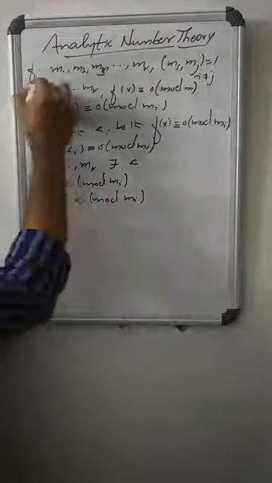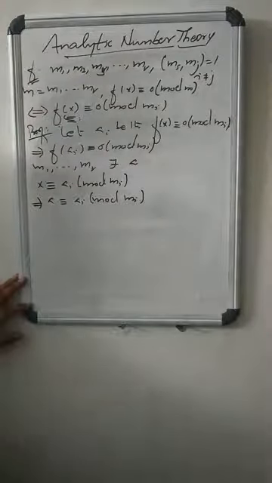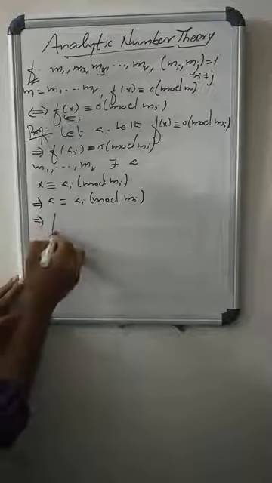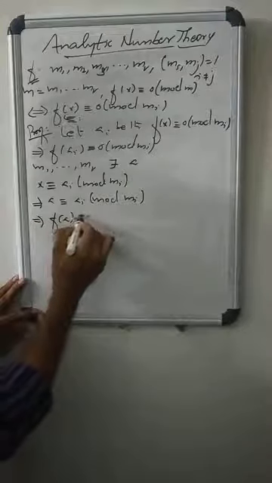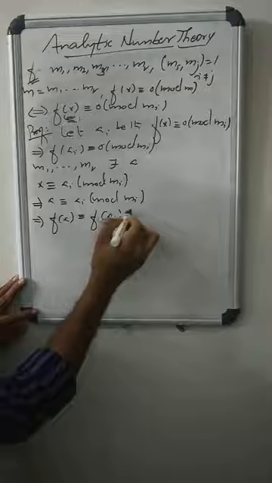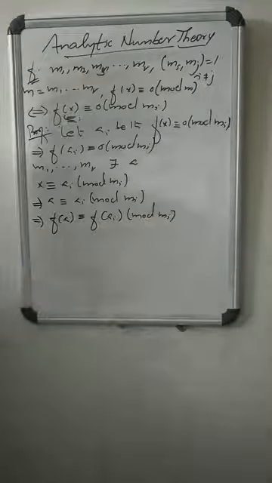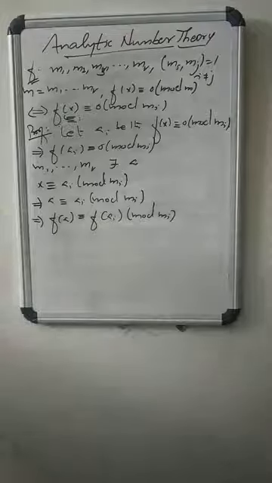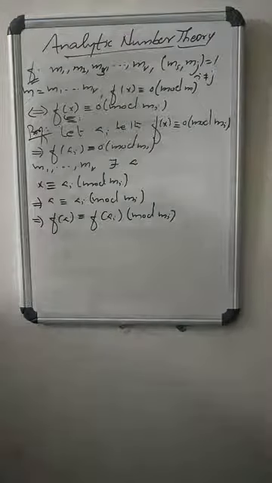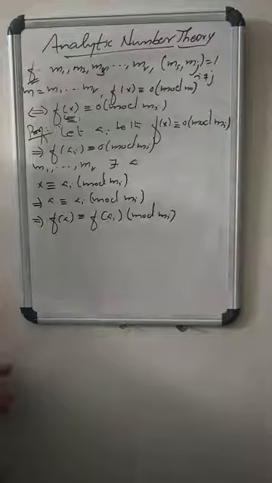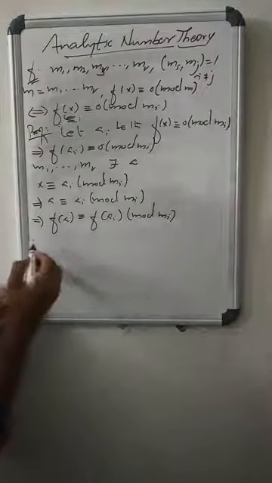Now f is a polynomial with integer coefficients. Therefore, if a is congruent to ai mod mi, then f of a is congruent to f of ai mod mi. Why? Because if a is congruent to b mod m and f is a polynomial with integer coefficients, then f of a is congruent to f of b mod m. The result is already proved.